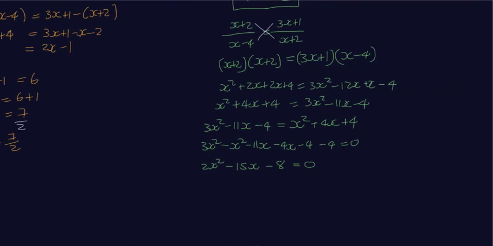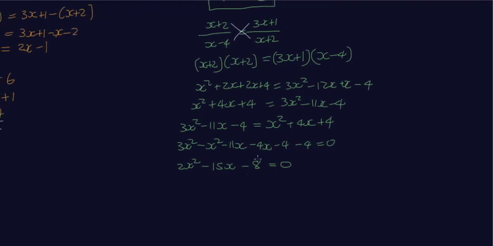So if we are going to factorize, we must factorize this trinomial, because there is a coefficient of x squared, which is 2. So we multiply the coefficient by 8: 2 times minus 8, so it's minus 16.